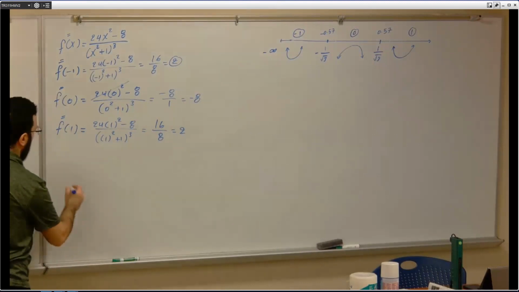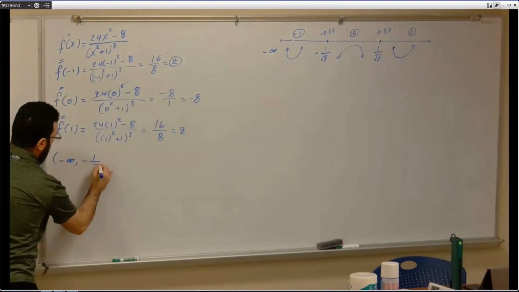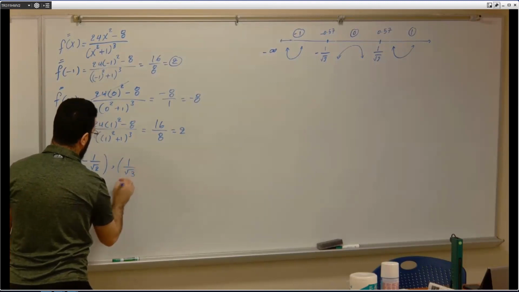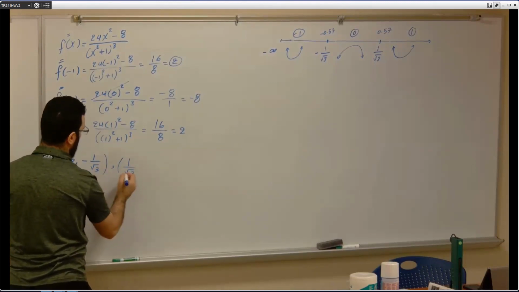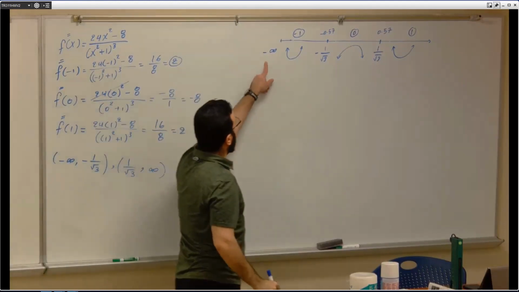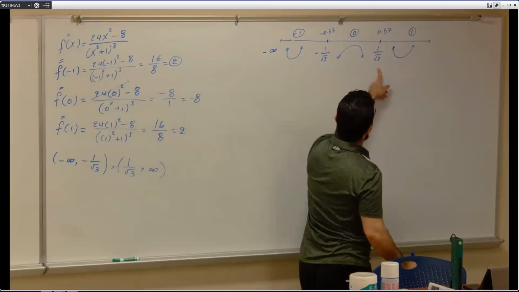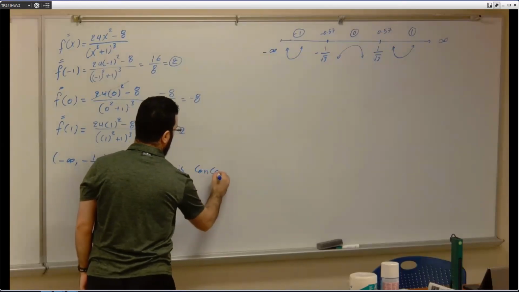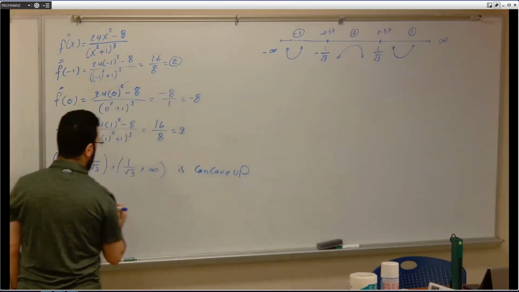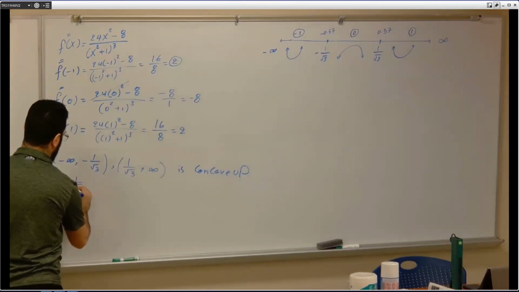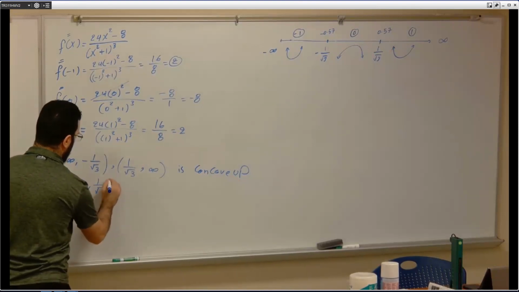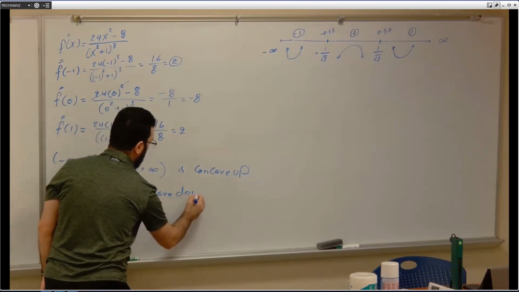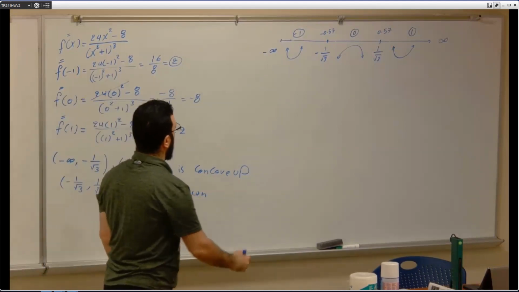That means from negative infinity to -1 over square root of 3, and from 1 over square root of 3 to infinity, the function is concave up. And from -1 over square root of 3 to 1 over square root of 3, it is concave down.